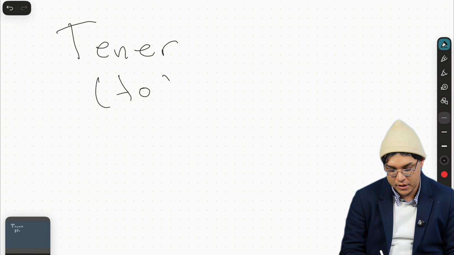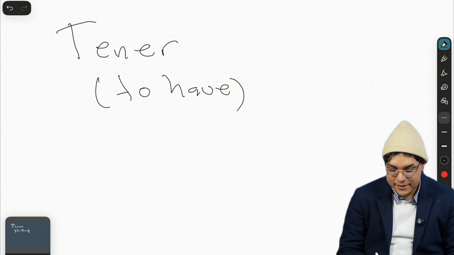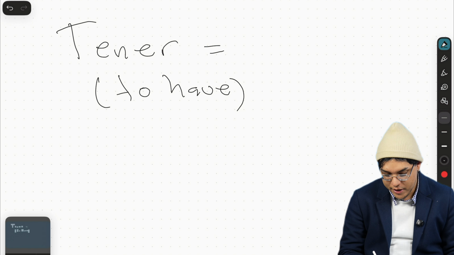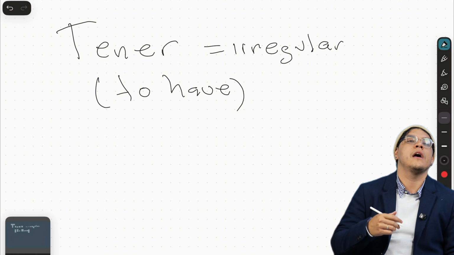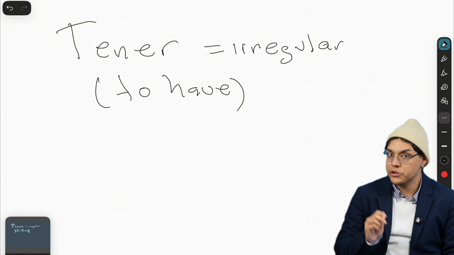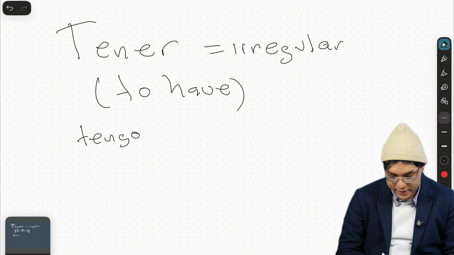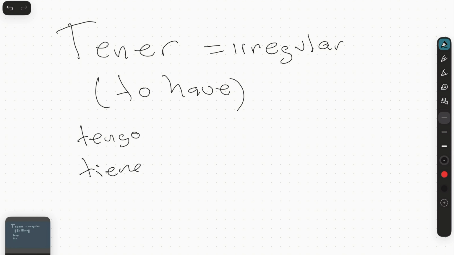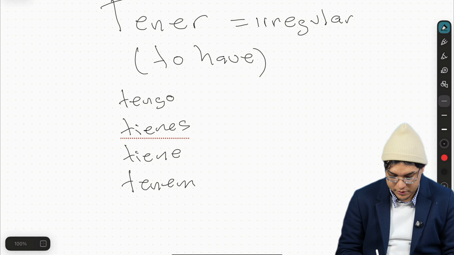To have. What happens with this verb is that it is an irregular verb. Remember that irregular verbs are the ones that don't follow the rule. So the conjugation is going to be tengo, tienes, tiene, tenemos.